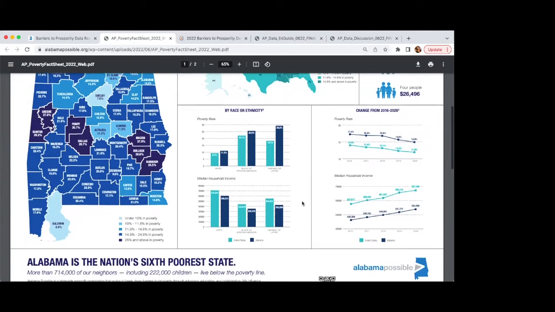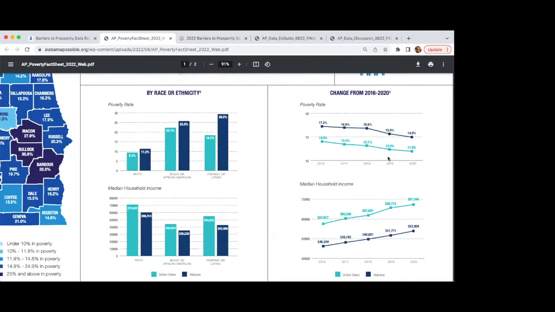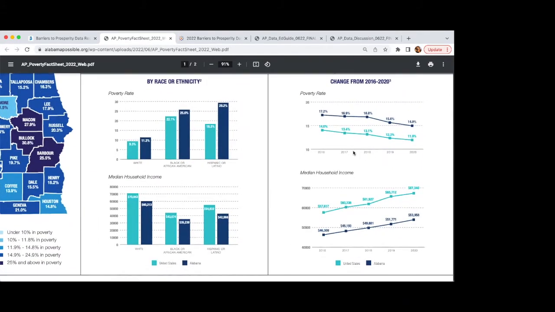So towards the bottom of the first page of the data sheet, you'll see we have some charts and some graphs. Again, if we're looking at the 3 largest racial and ethnic groups in our state, we see in the bar graphs that poverty rates and median household incomes across these 3 groups are very different. Moving to the right, we can see how things have changed in Alabama and in the rest of the country from 2016 to 2020.